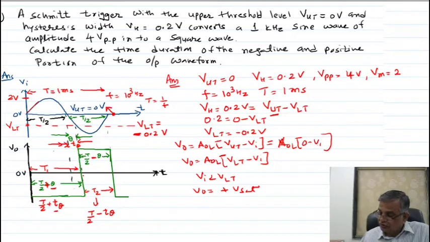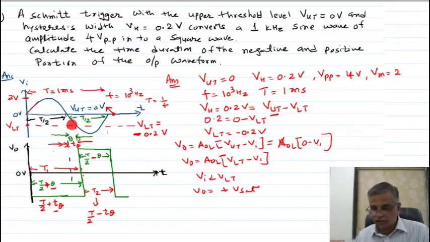So this is 0, this is 0, VI is this, so you are getting negative. At this point it is expected to get positive V saturated, but as the output is negative, your VLT is coming in the equation. So when VI is less than VLT, you will get plus saturated. This phase I have to find.